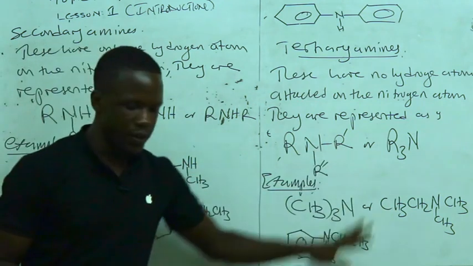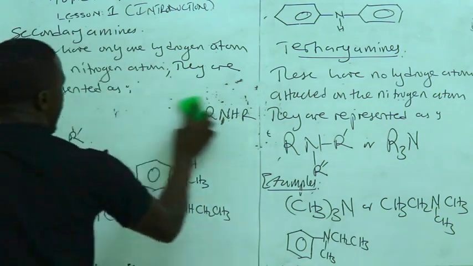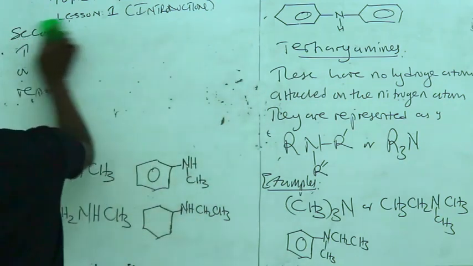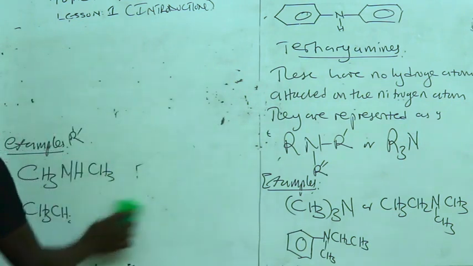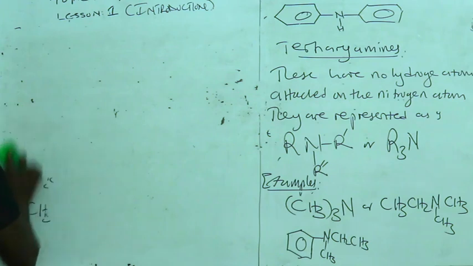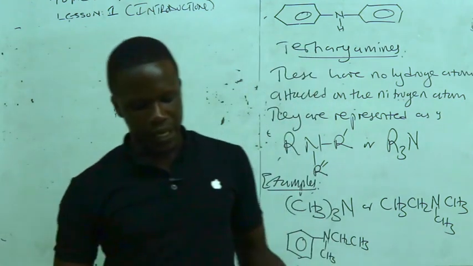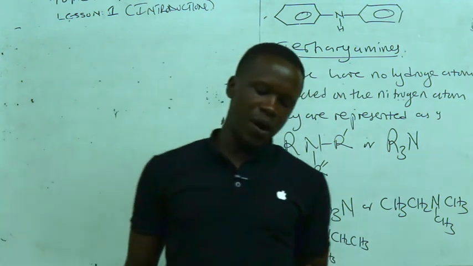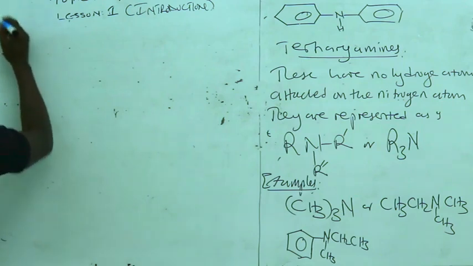Nomenclature of the amines. How do we name these amines? There are many ways of naming these amines, and we shall go by the simplest way of naming them. Number one, we shall look at the aliphatic amines.